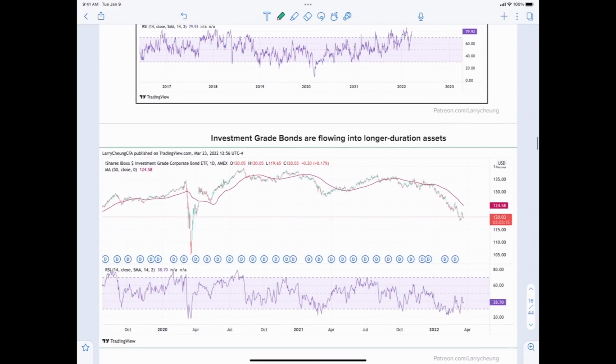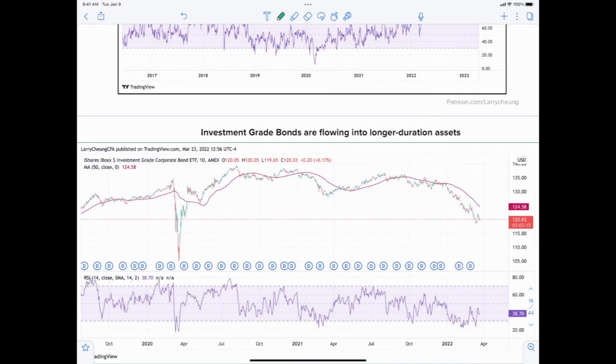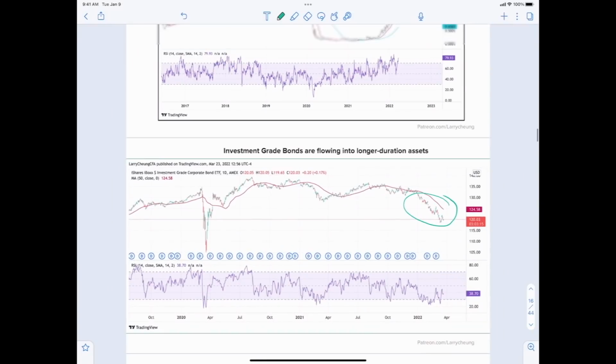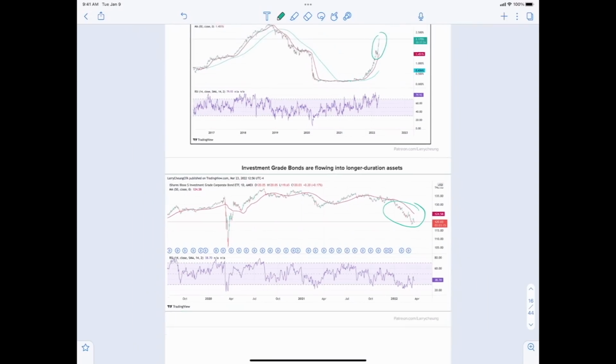And we can see that action happening in the investment grade market where we're seeing a really large sell-off in fixed income. And like I said in previous videos, equities and fixed income are competitors for capital. And when money flows out of fixed income, they have to find a place to park. And lately it's been equities.